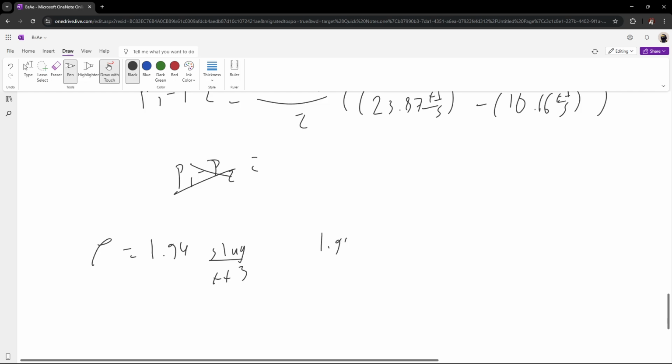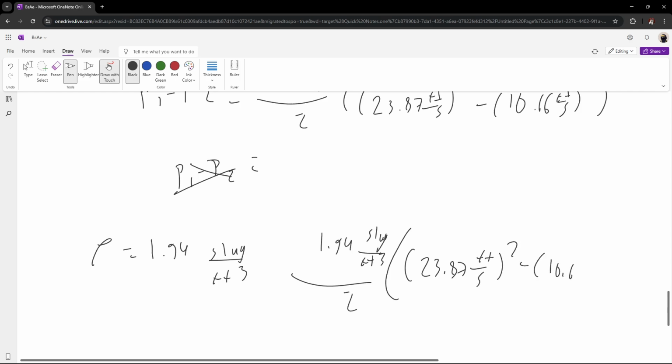So 1.94 slug per foot cubed over 2, times 23.87 foot per second squared minus 10.66 foot per second squared, is equal to the pressure difference P1 minus P2.